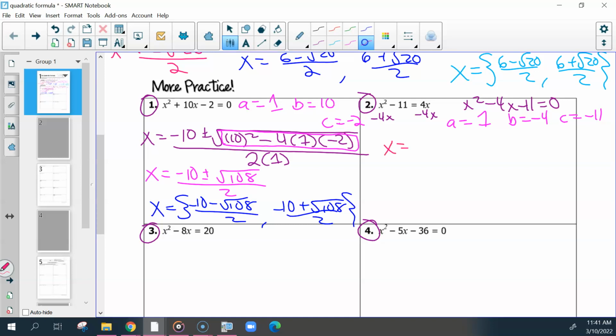So x equals negative b, but b is already negative, plus or minus the square root of b squared minus 4 times your a times your c, all over 2 times a.